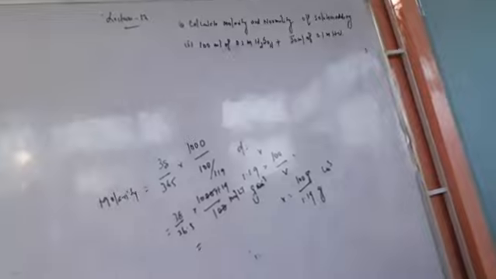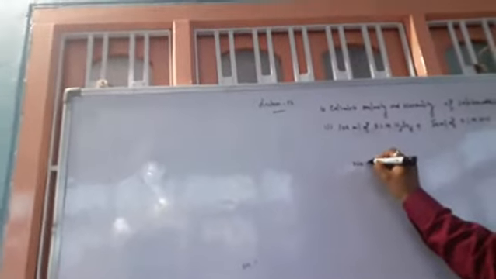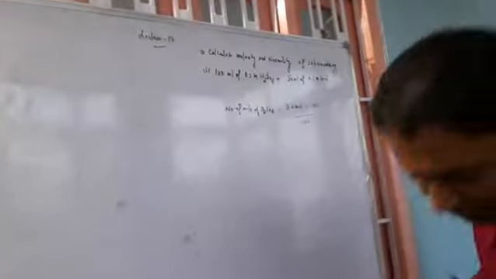First of all, we have to find the number of moles. Both are acids, so the number of moles add up. The number of moles of H2SO4 is 0.2 mole into 100 upon 1000.